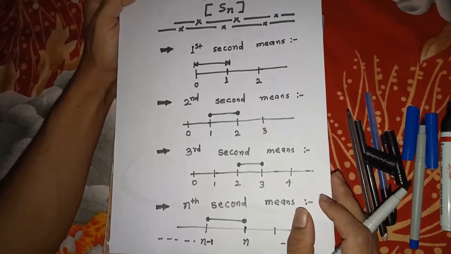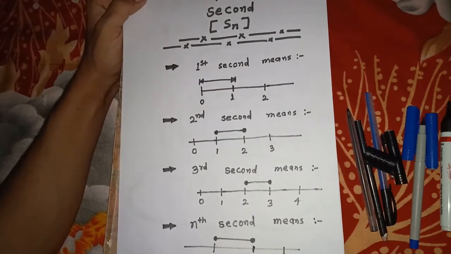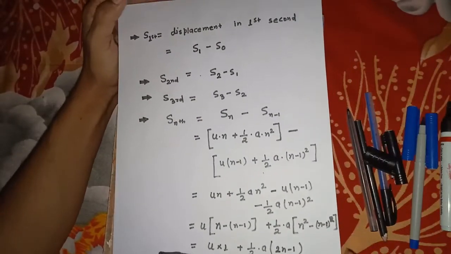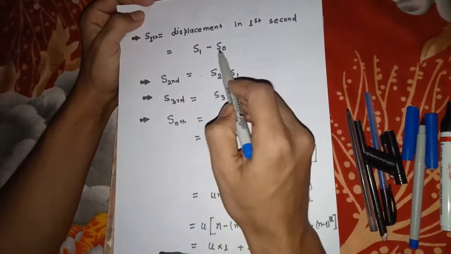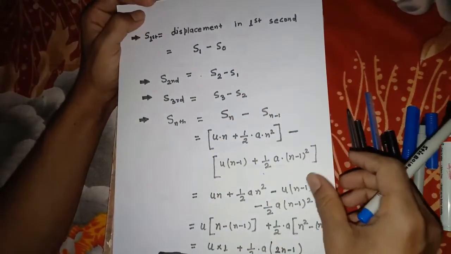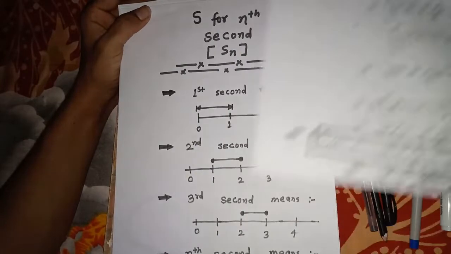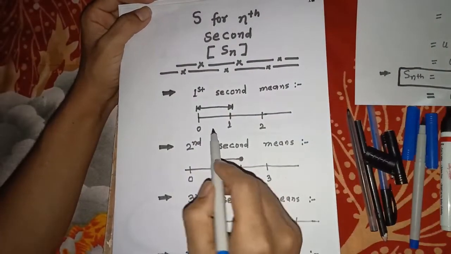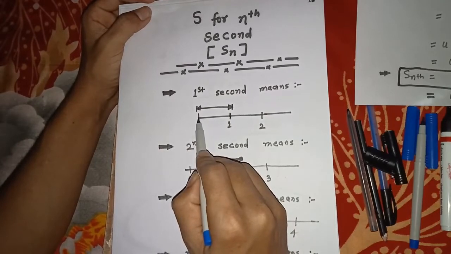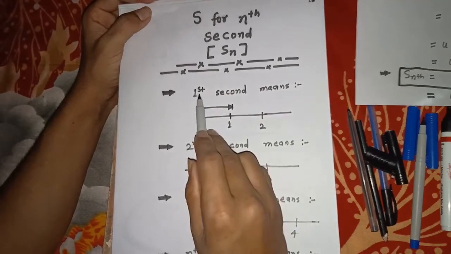So if I give you a problem asking what is the displacement covered in first second, I have already told you first second means from the start to 1 second. So you have to find out the displacement from this to this. This gives the displacement in first second.